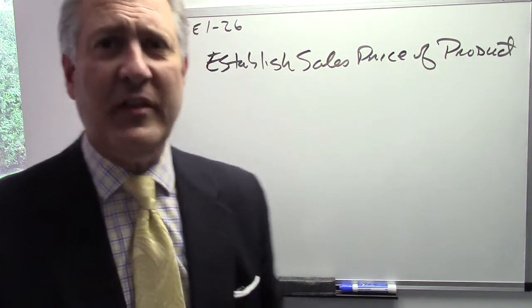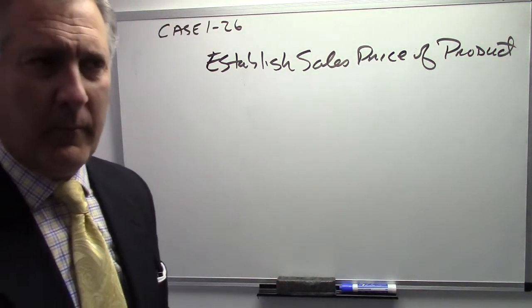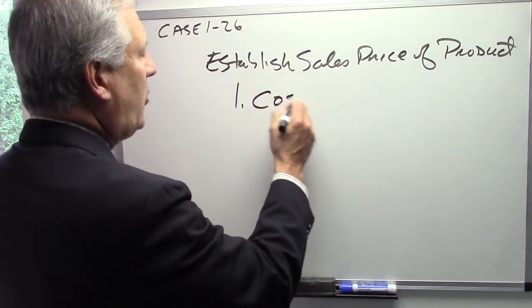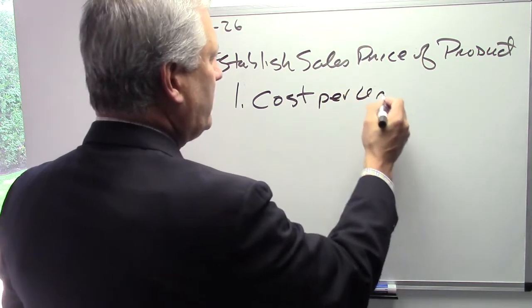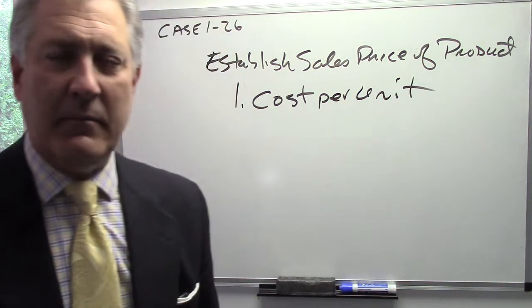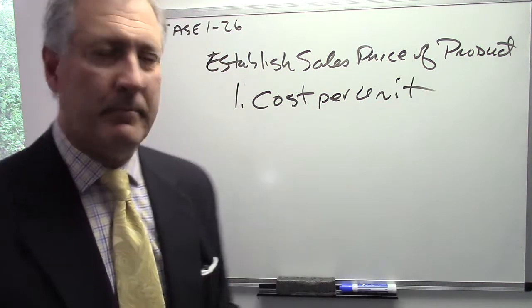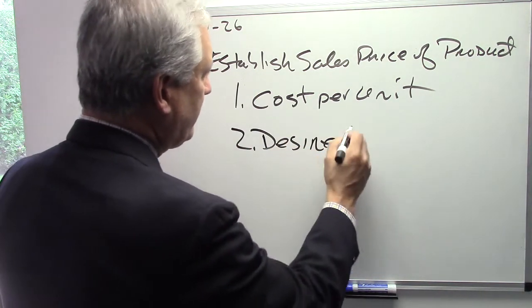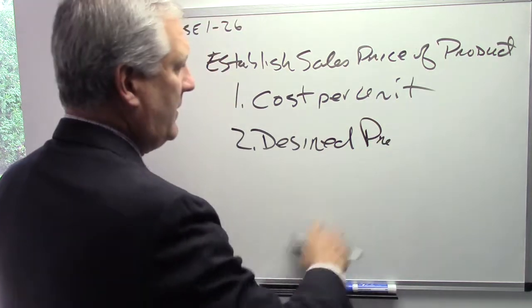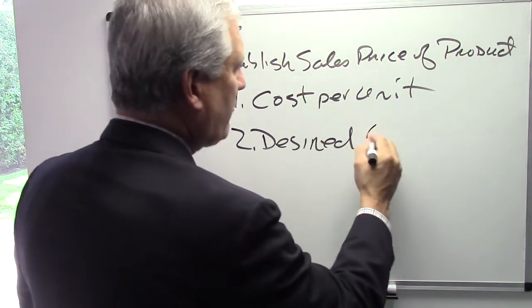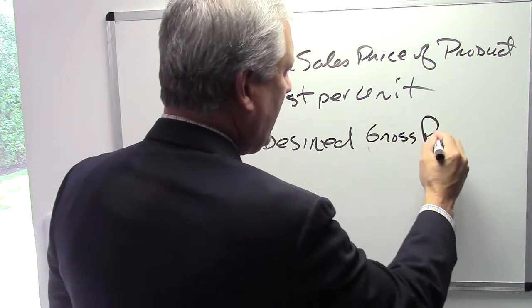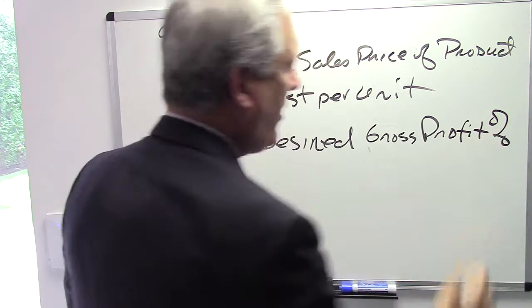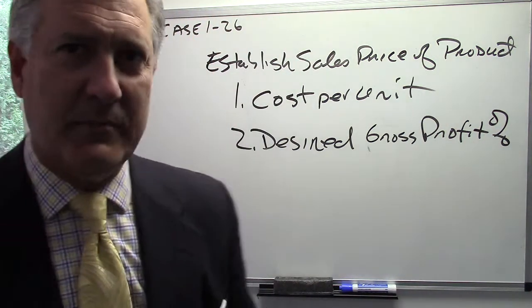Well, there's 3 things a company has to know before they establish the sales price of the product. Number 1, cost per unit. What does it cost them per unit to make their product? Number 2, what is the desired gross profit margin, gross profit percentage?